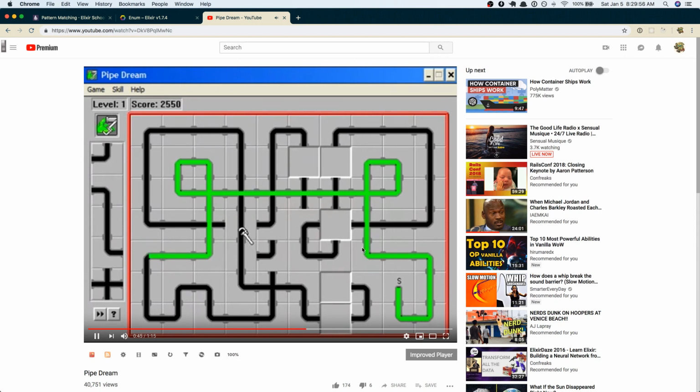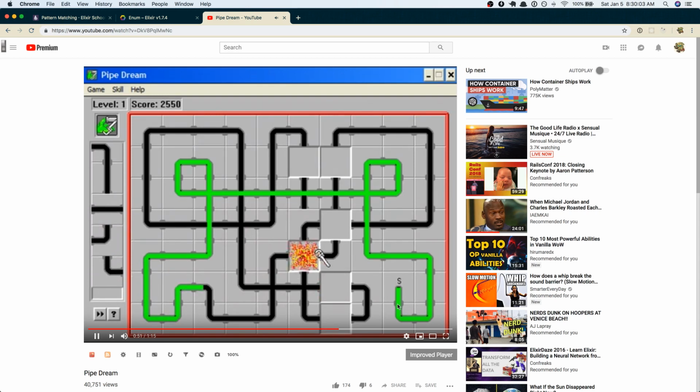Could even be pouring little elixirs. That may be too much. I do like the liquid. I don't know. Reminds me of that Pipes, that old Windows game, you know?